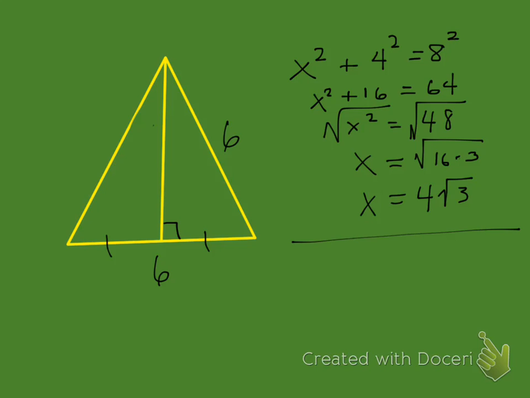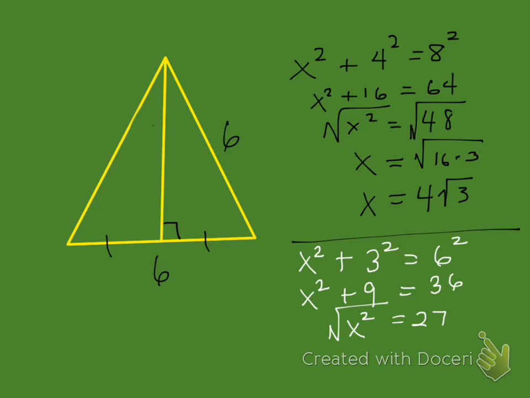So if I set up my new problem using 6, I now have x squared plus 6 squared is equal to, not 6 squared, 3 squared is equal to 6 squared. So x squared plus 9 is equal to 36. X squared is equal to 27. I have to square root that. So x is equal to, and this is the same thing as saying 9 times 3, so 3 square roots of 3.